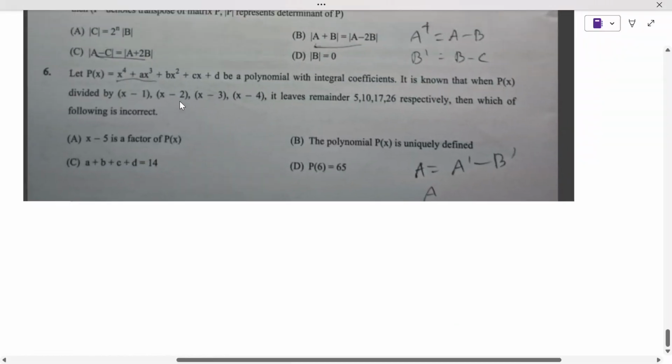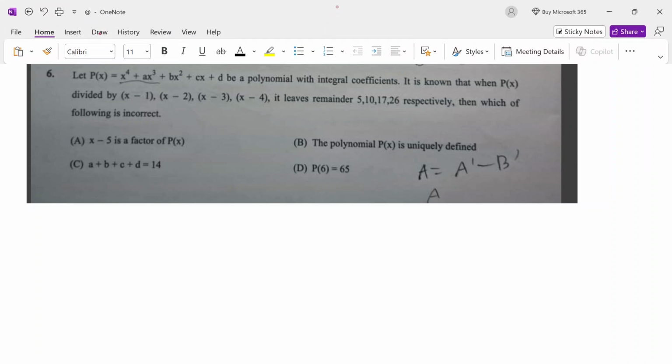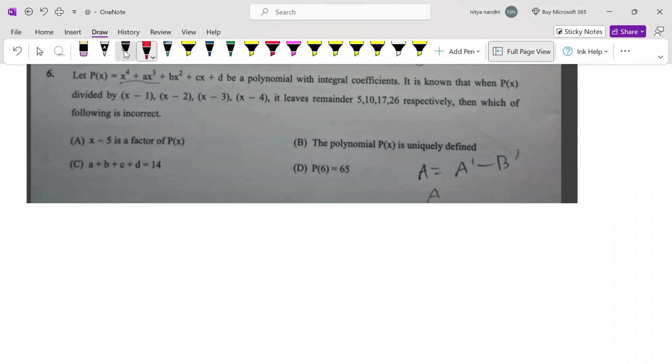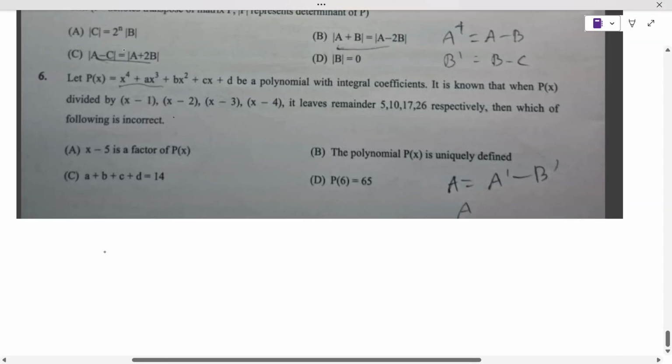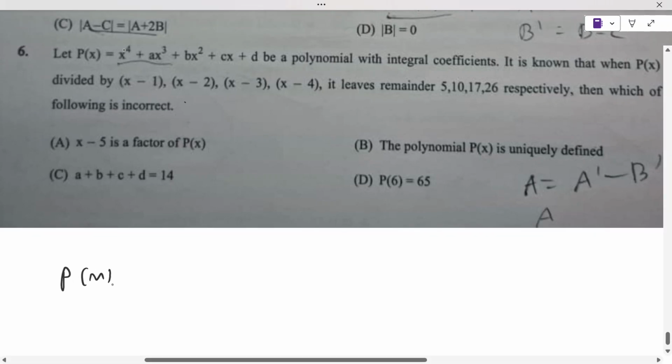We have to solve the first six one. Let P(x) equal to this. It is known that P(x) divided by this and this leaves the remainder at this and this. How will I write the equation? P(x) when divided by x minus 1, so P(x) equals x minus 1 into some quotient q1(x) and the remainder is 5, isn't it?